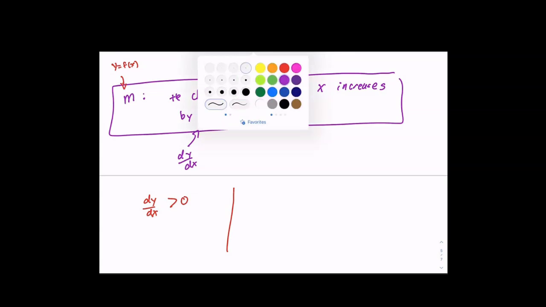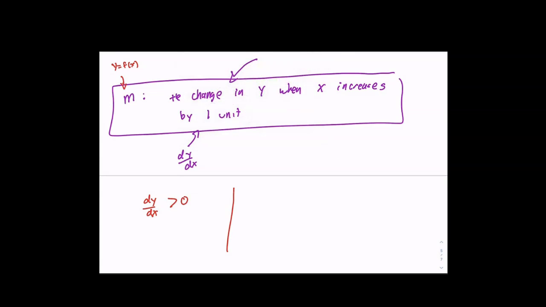Is the slope increasing? You've got to be careful. The function is increasing because the slope is positive, but the slope is not increasing. That's something different, so we'll be careful on that. That's in our next unit.